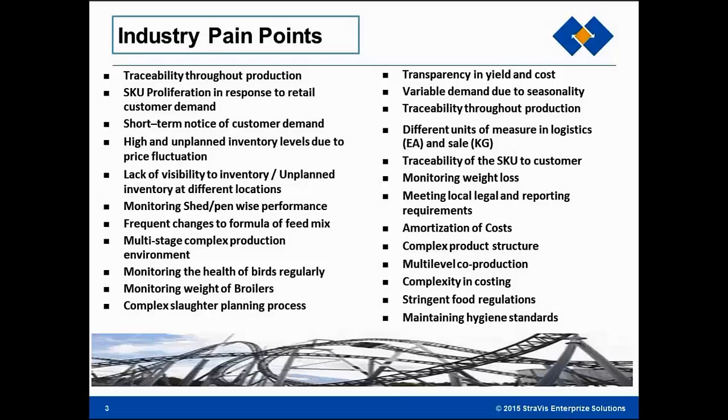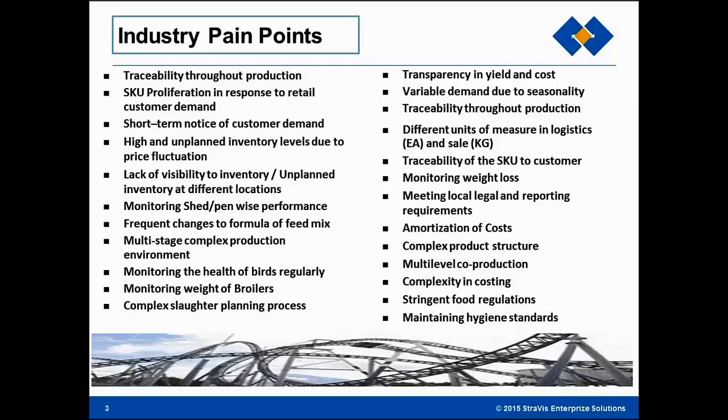And they have problems with inventory too. They have very high unplanned inventory levels due to price fluctuations, particularly on the feed manufacturing side. They buy corn whenever the price is low, stock up, and utilize that when the price is high.